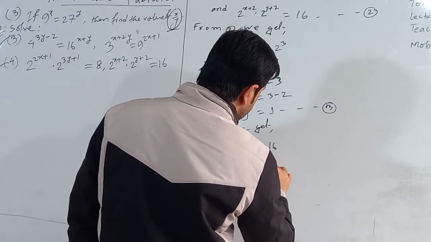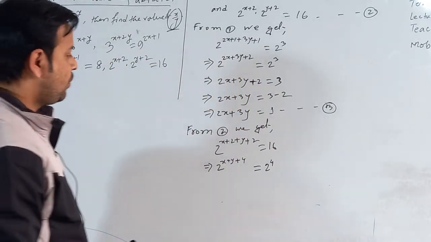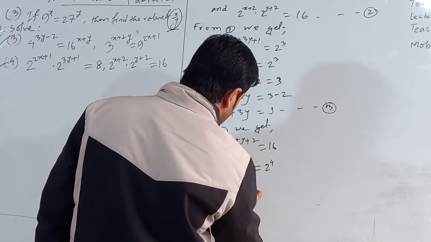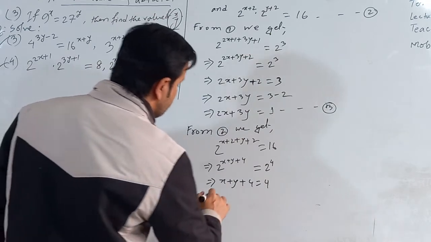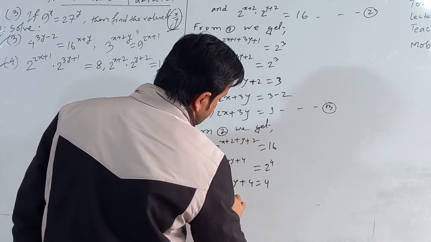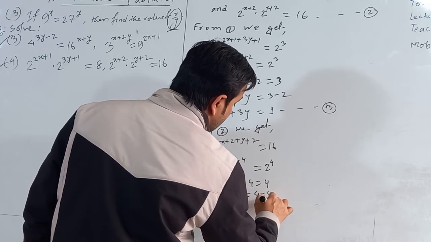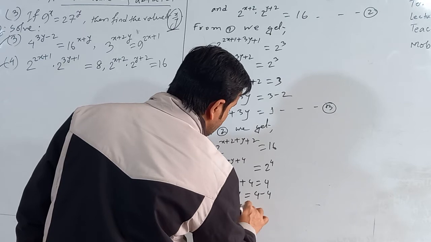Here 16 means 2 to the power 4. As the bases are the same, x plus y plus 4 is equal to 4. So x plus y equals 4 minus 4, that is equal to 0.